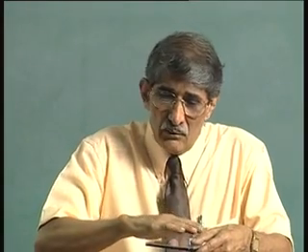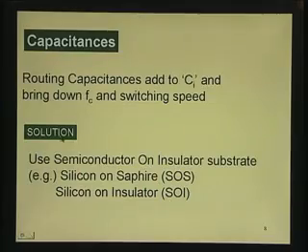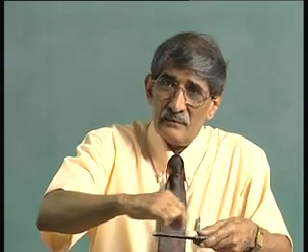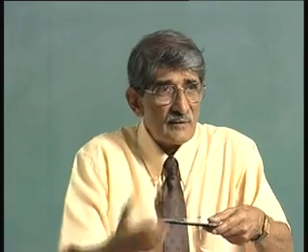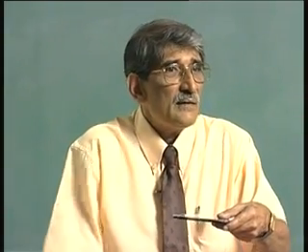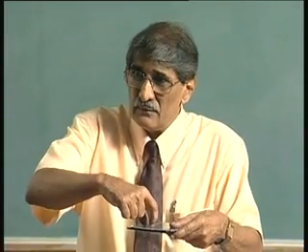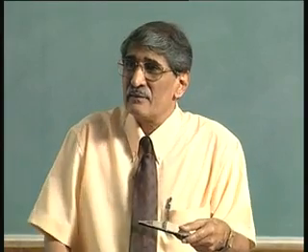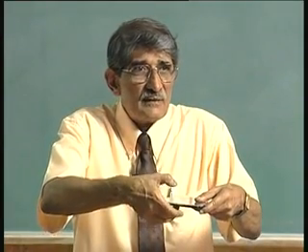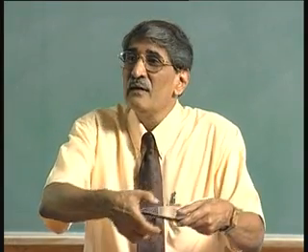Now, if I increase that insulating layer, if I use a substrate which is actually a silicon on an insulator, you have a substrate which is totally insulating material and a silicon layer is there, then when you run the wire here, the capacitance of the wire with respect to that thick insulating substrate will be small, because after all capacitance is proportional to area, but if the thickness is more, capacitance reduces. So, thickness is more because that insulating layer is present, that is why the capacitance is small.